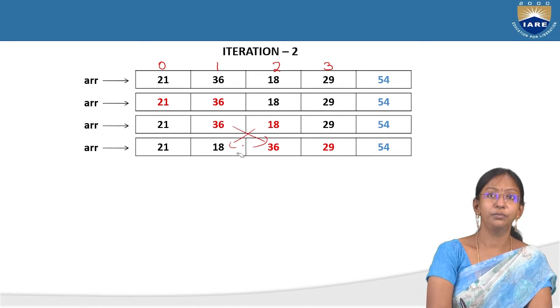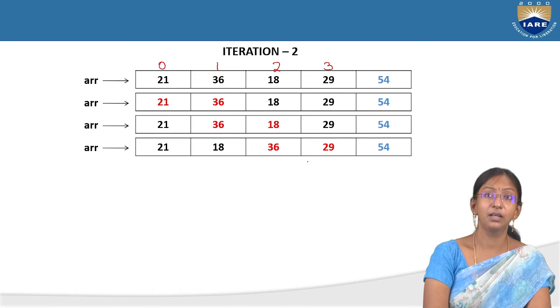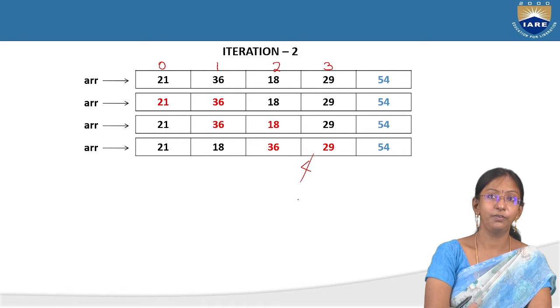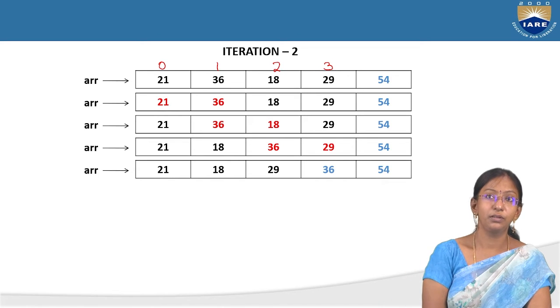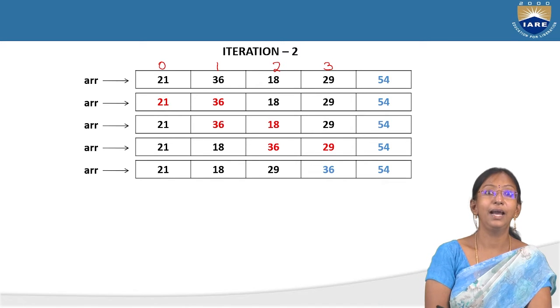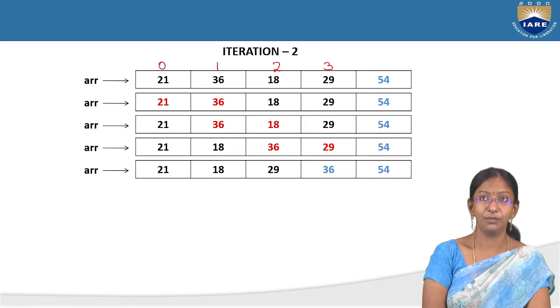Now a comparison between 36 and 29. Is 36 less than 29? No, the condition fails. As the condition fails, I'm going to swap them. As I swap them, you can see that I have reached the end of the sublist which I have considered.